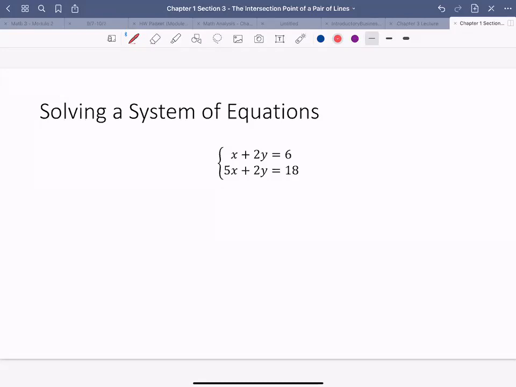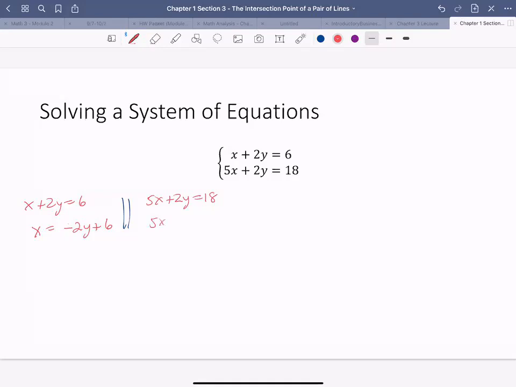So what I'm going to do is set it equal to x and then solve and show you. So let's say I take x plus 2y equal to 6, and I want to solve for x. That means I'm going to have x equal to negative 2y plus 6. And then let's say I take my 5x plus 2y equal to 18, and I want to solve for x as well.